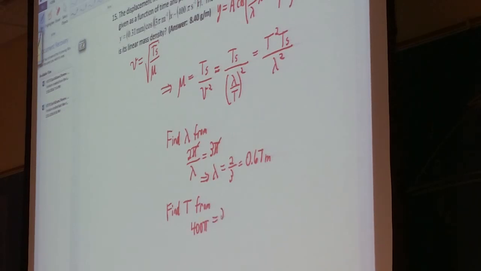Right, 400 pi is 2 pi over T. And so solving that for T, we get 2 over 400. I should be able to convert that to decimal in my head. 1 over 200, that's 0.005.